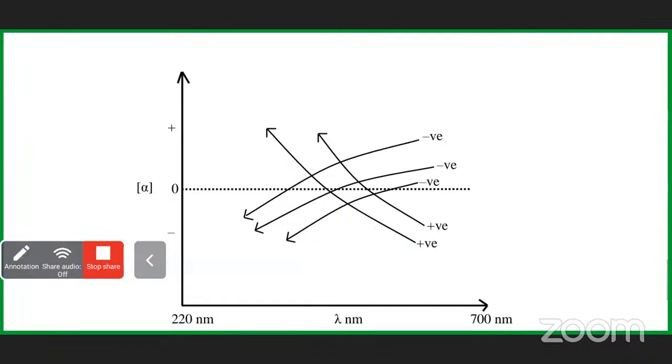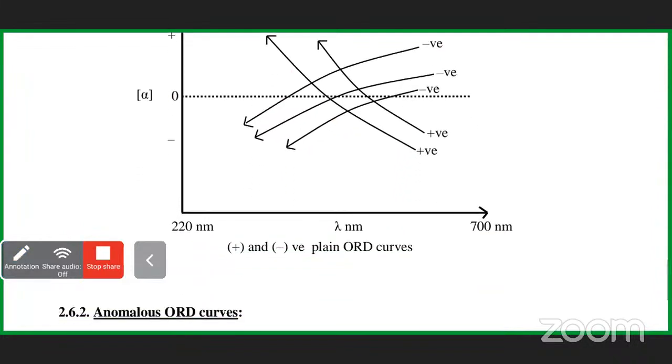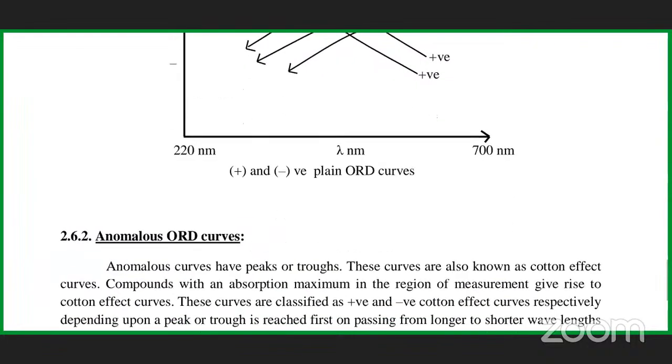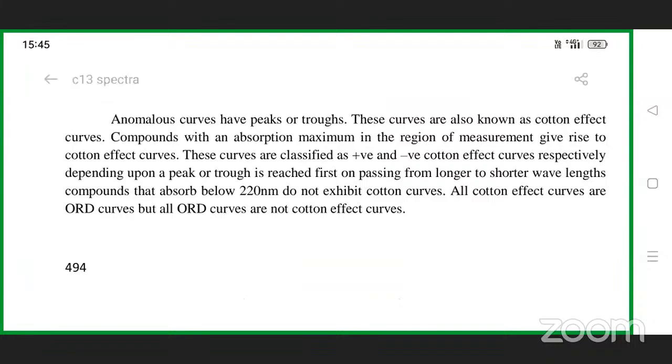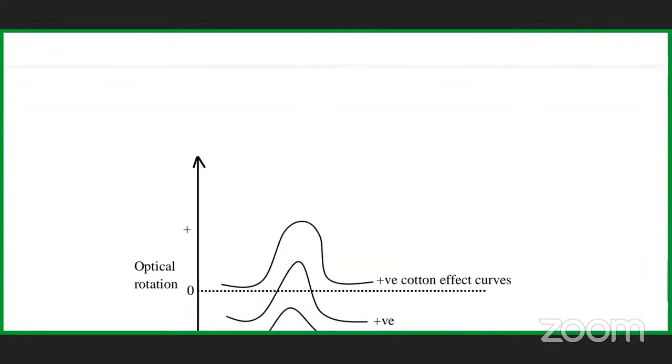So these are the plain curves, which don't have any crest and trough nature. And in the anomalous ORD curves, generally we will observe the crest and trough.